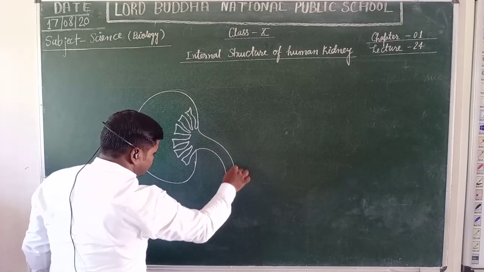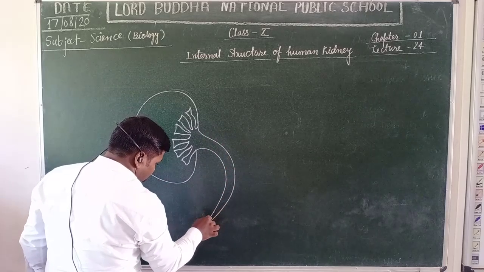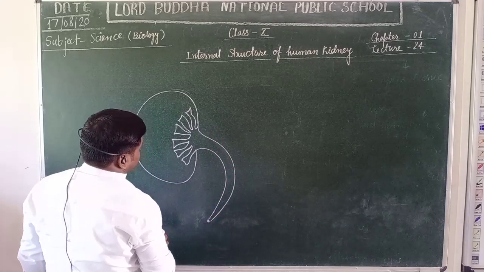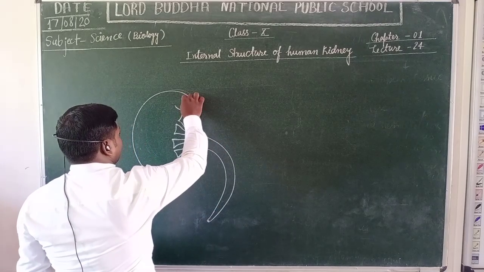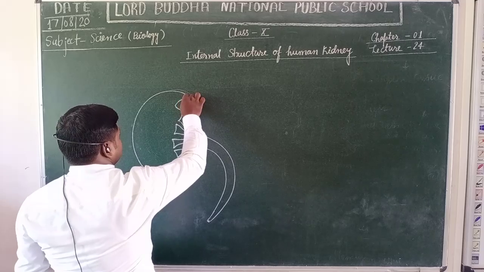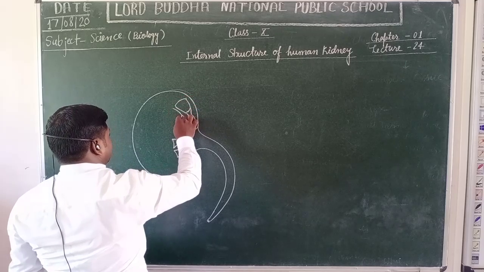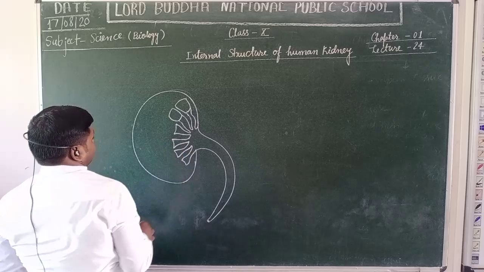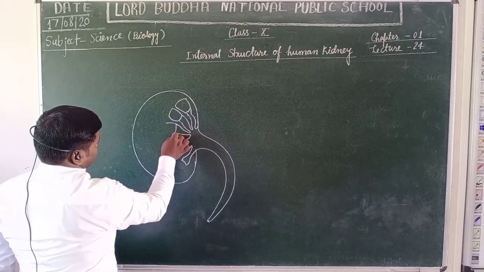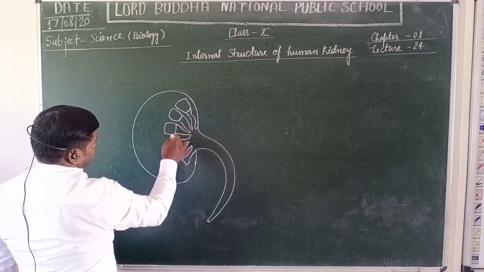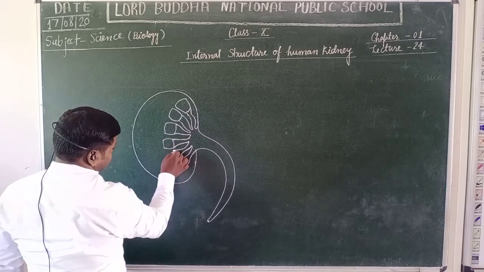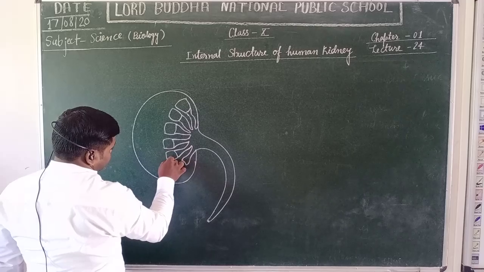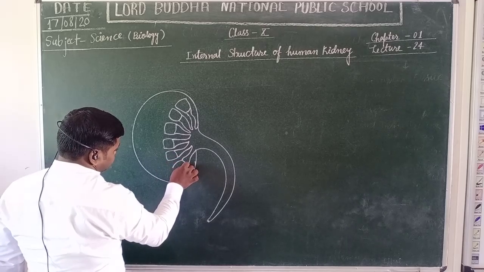This is the pelvis region through which the ureter originates, and on each calyx there is a pyramidal shaped structure, that consists of fibrous structures called ducts of Bellini.